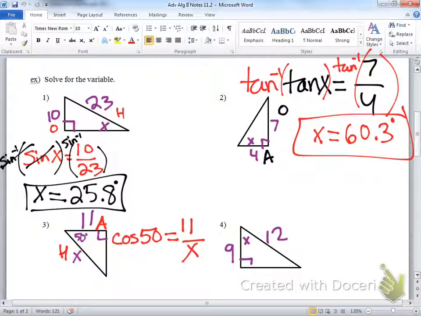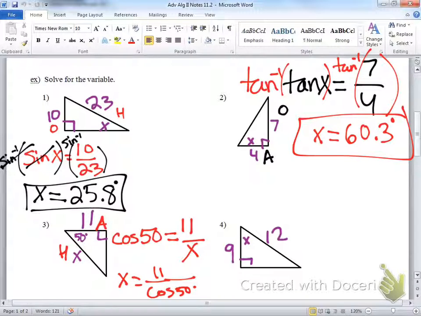This one is actually a problem from yesterday. You don't use inverse cosine. See the difference? We have a number after the cosine, so we use regular cosine. When you have the variable after it, that's when you use the inverse. So here we'll do 11 divided by cosine 50.